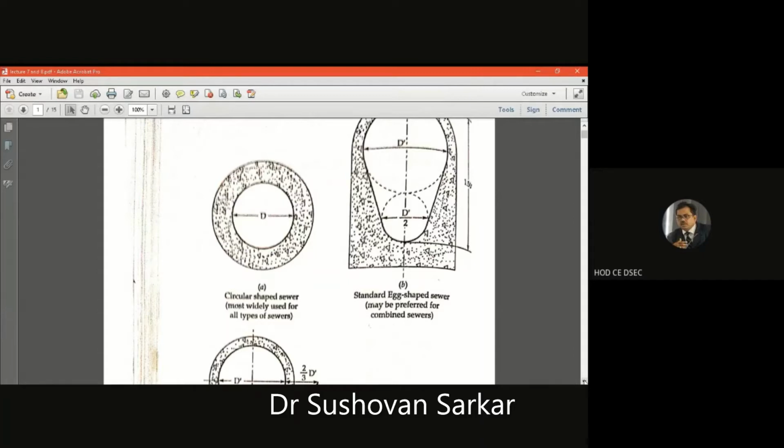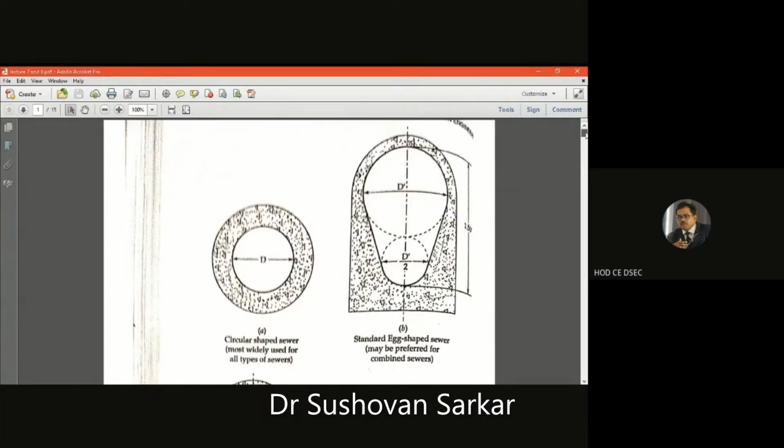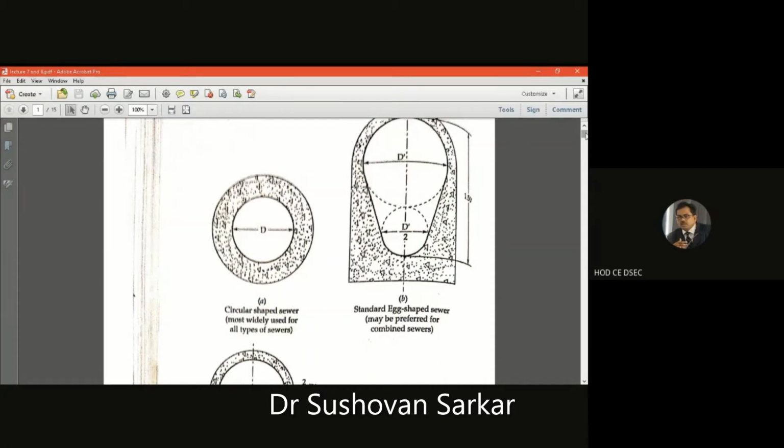Now, the second shape of sewer is the standard egg-shaped sewer, which seems like an egg. This is called the egg-shaped sewer, and it is preferred for combined sewers.